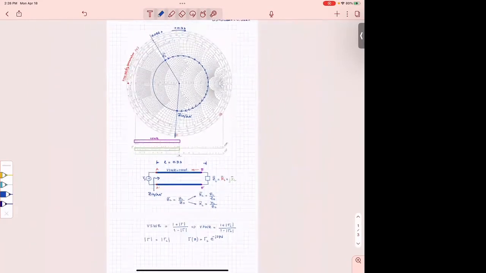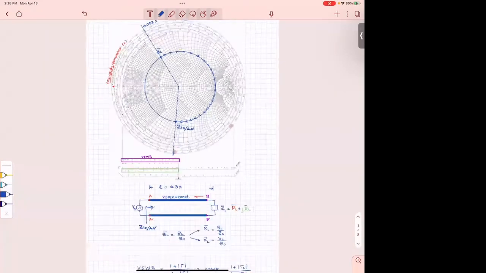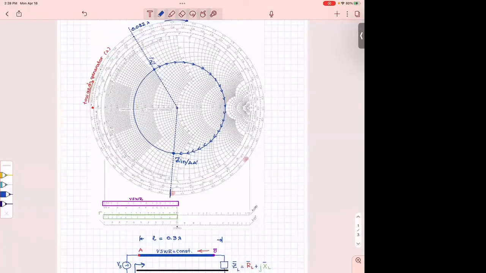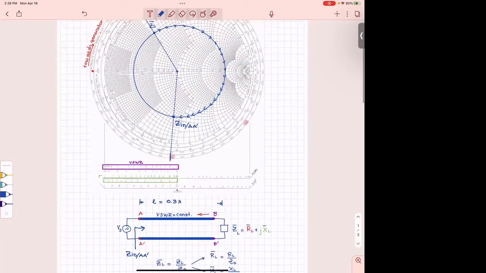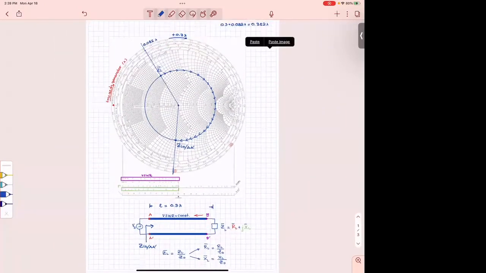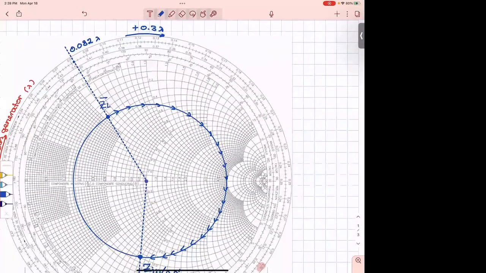Okay. So now, let's see how we found that point, ZL. Let me write it first and then I'll do the reverse.